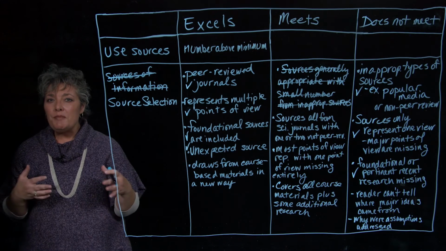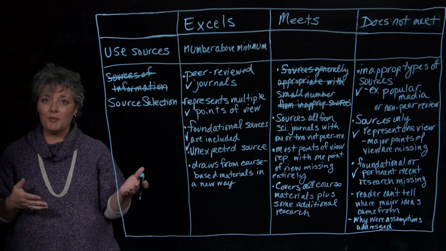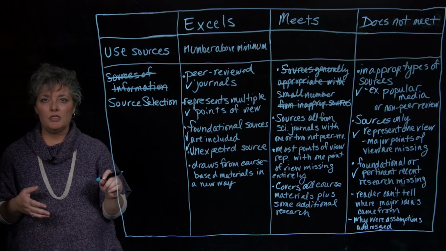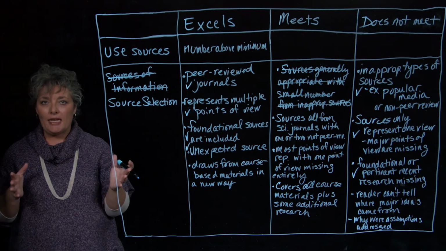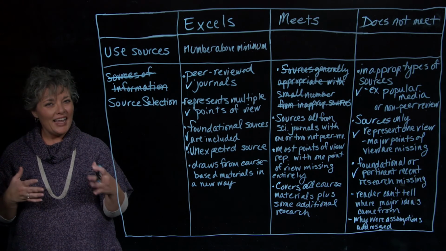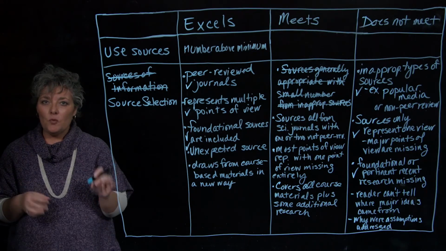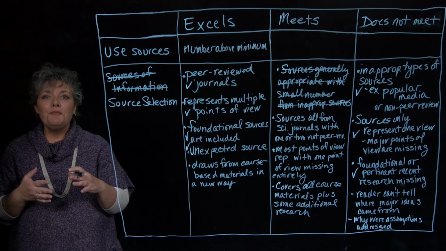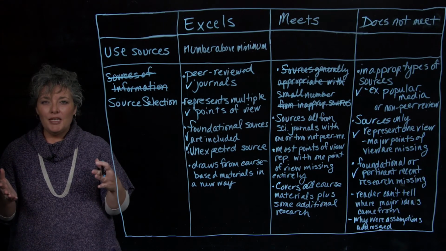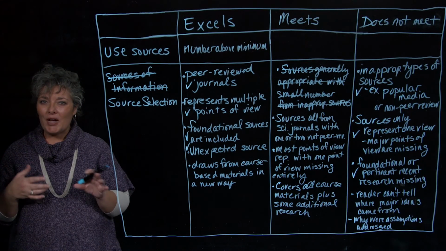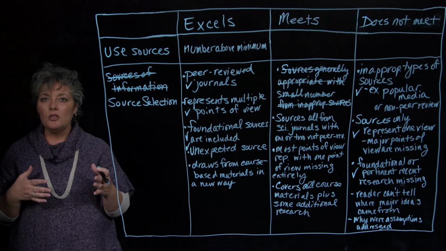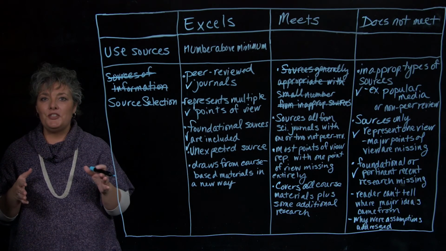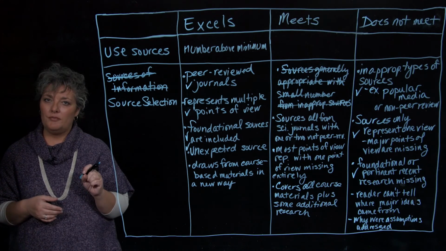If they end up at meets expectations, it could be because they did really well at source selection and really horribly at use of sources and averaged out to meeting expectations. But that's not accurate. Really, they excelled at one and did not meet expectations on the other. Or they did mediocre at both things. If your criteria start to feel crowded, and it's not possible for the student to know which of those things actually happened, you know you really need 2 different criteria rather than 1.